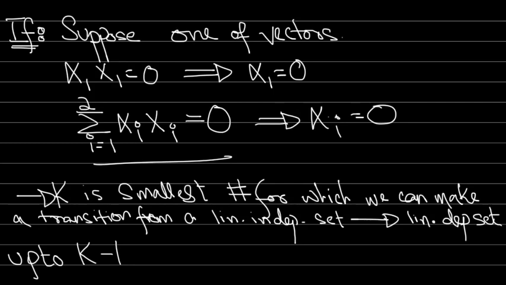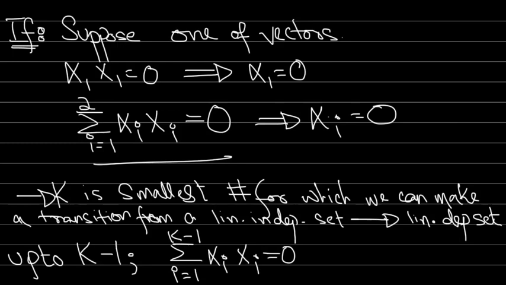So let's write this summation down: for summation i is equal to 1 to k minus 1, alpha i xi is equal to 0, right?